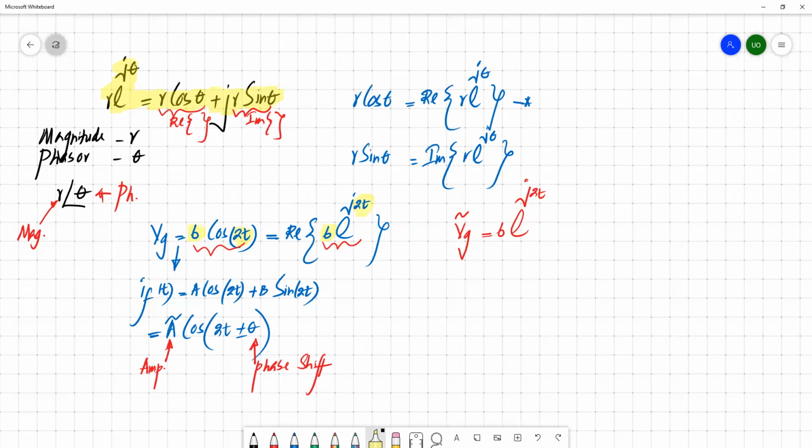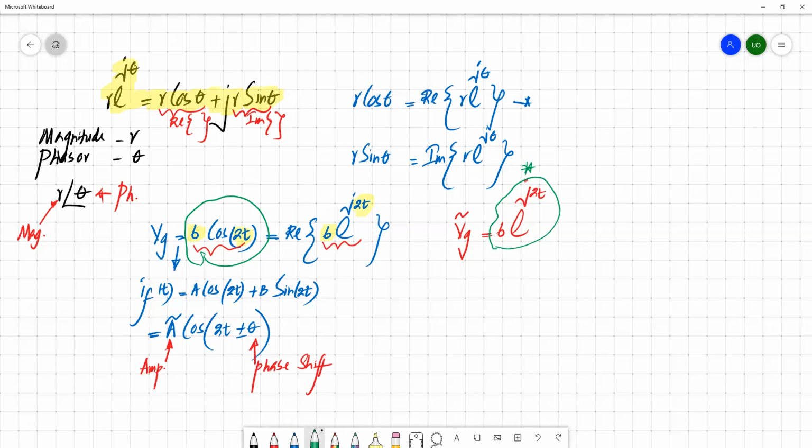So instead of this cosine term, we assume there is a source which is equal to this, and solve the circuit.